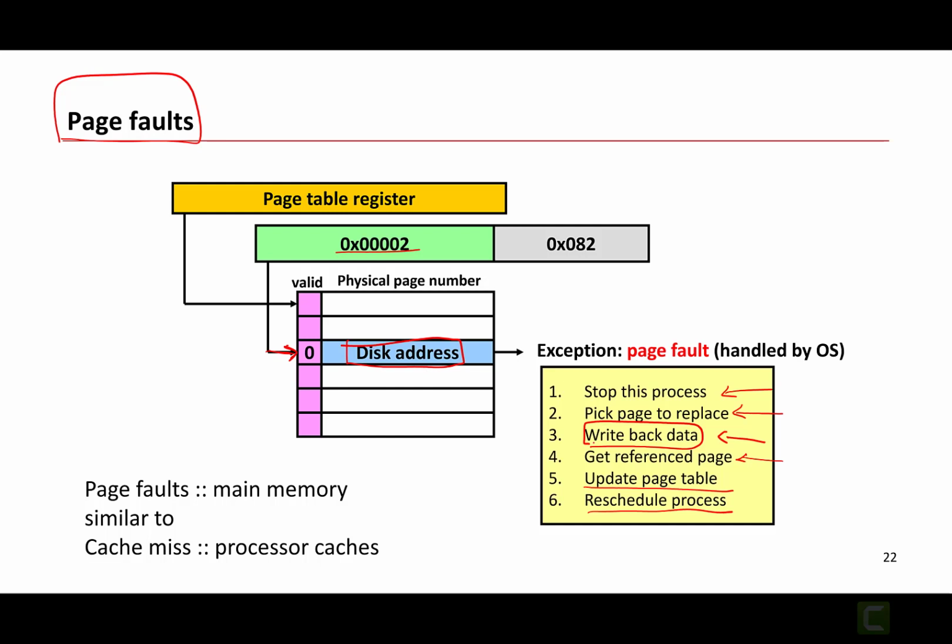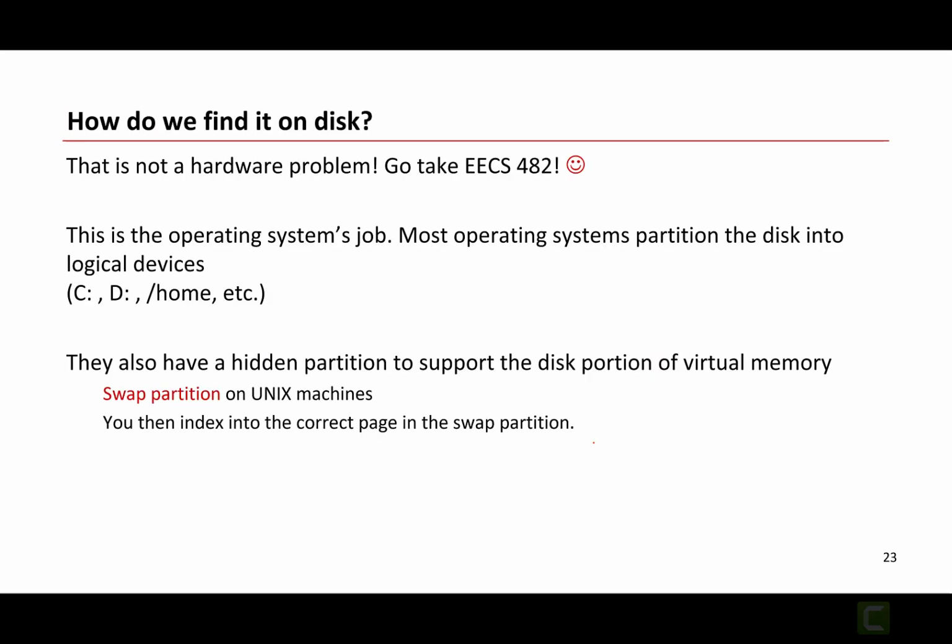And that's how it's done. But the main point to understand for page faults is that a page fault is like a cache miss for caches. In this case, you have missed the data in the main memory, and so you have to do that eviction and replacement with new data.